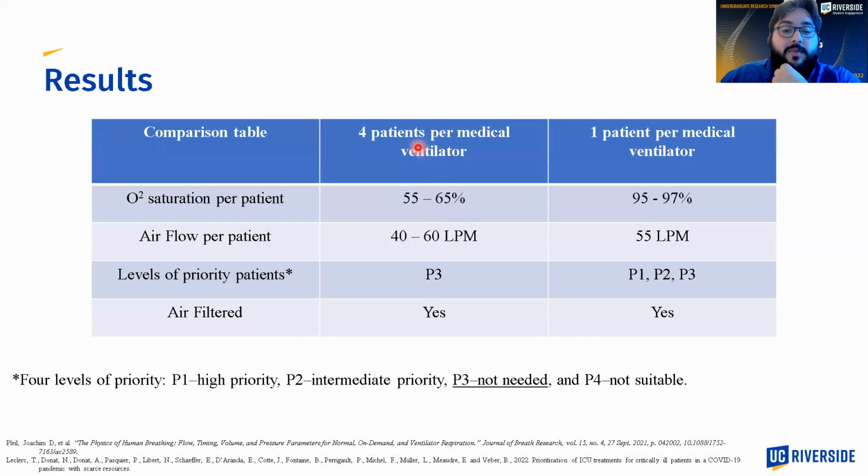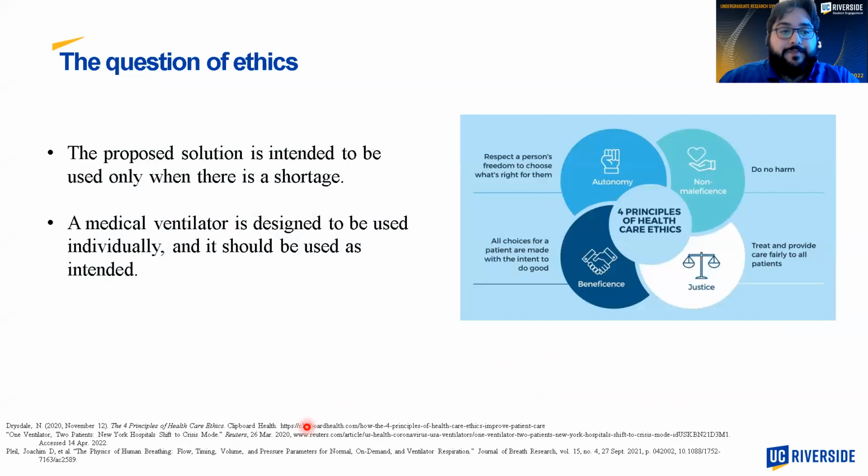In that case, the 4 patients per medical ventilator is aimed at P3 patients that might not need it, but just in case they need it, it's there, and there's a shortage of medical ventilators, or even P2, but in the most extreme situations. Well, the 1 patient per medical ventilator is aimed at obviously P1, P2, and P3 patients.